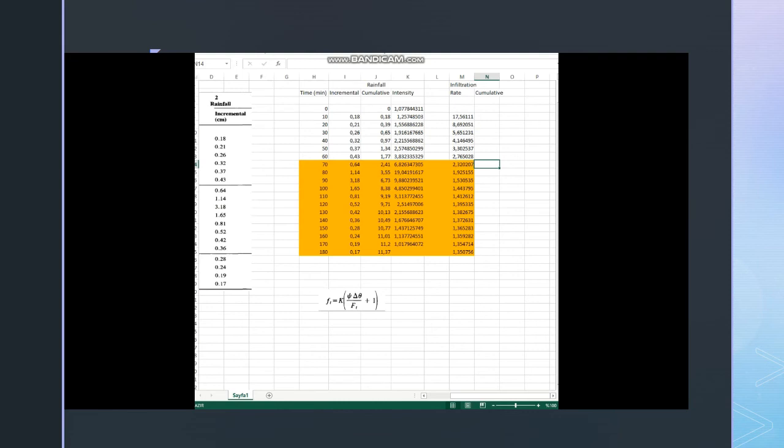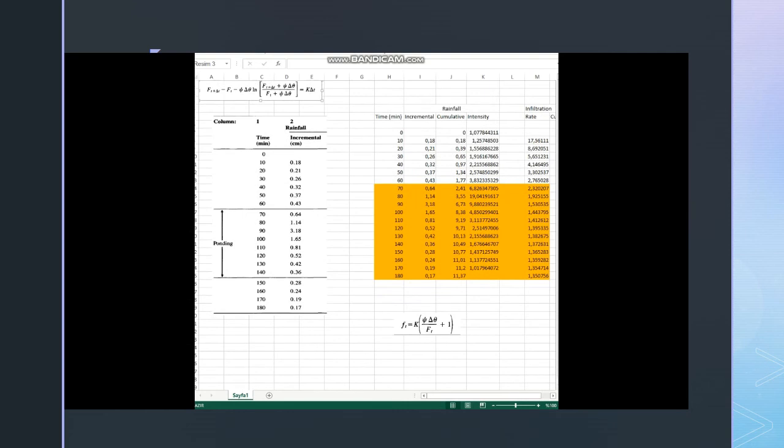Let's see right now how we are going to define our cumulative infiltration when the head up ponding occurs. I think here, yes, right.